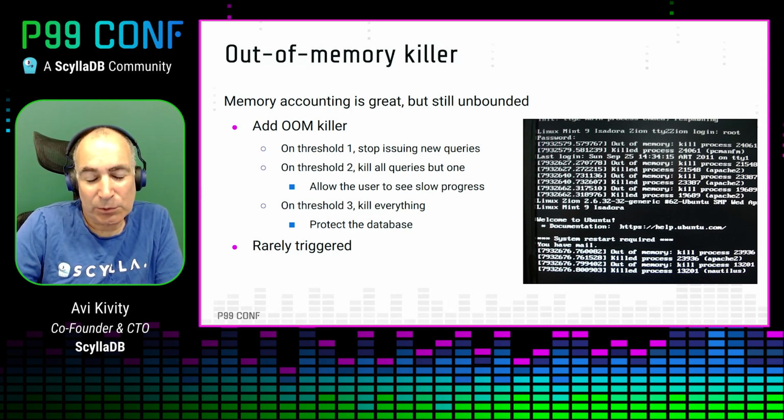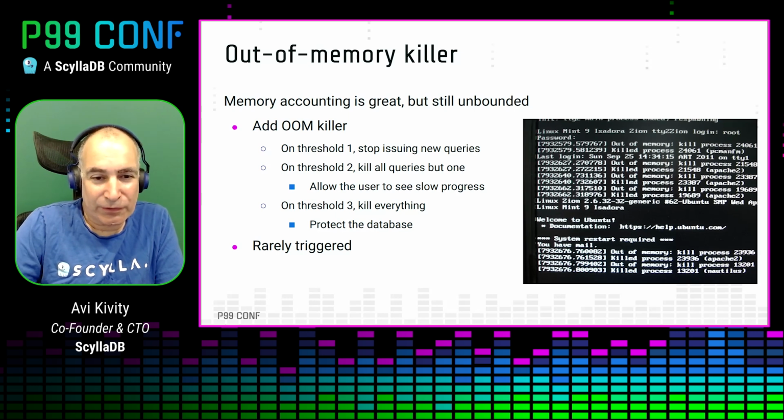In the first level, we just stop issuing new queries. This is what I described previously. Afterwards, if we reach a higher threshold of memory usage, we kill all of the running queries except one. So this is the sort of survival mode. One query at a time makes progress. It's going to be slow, but at least the system is not going to go down, and there will be some forward progress made.